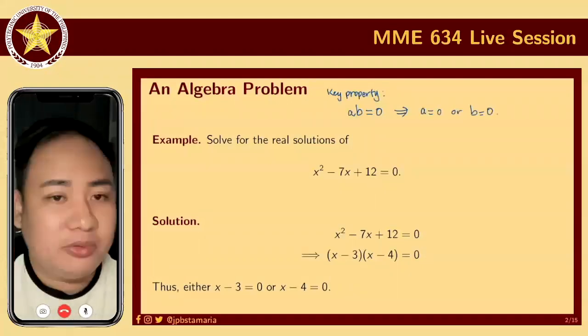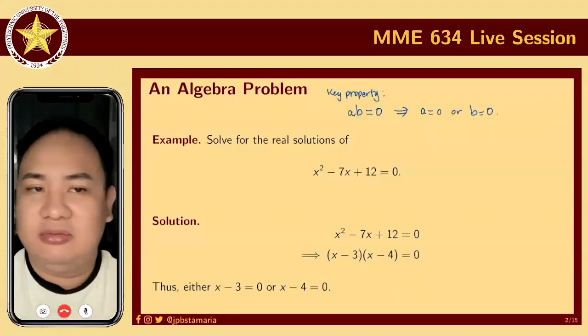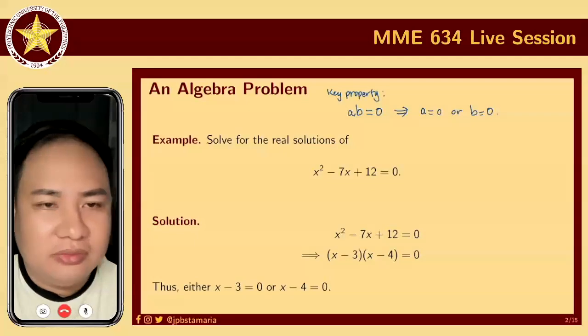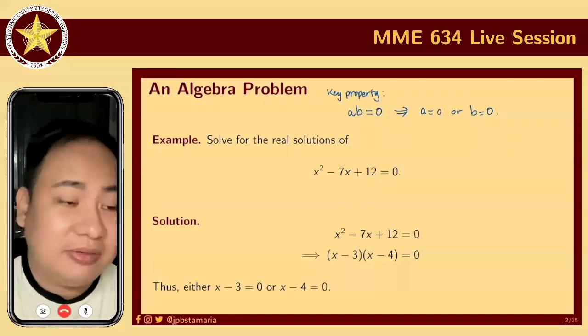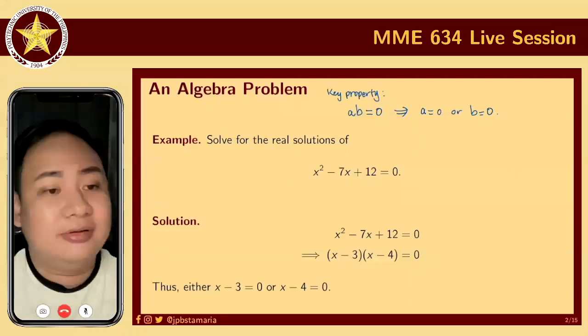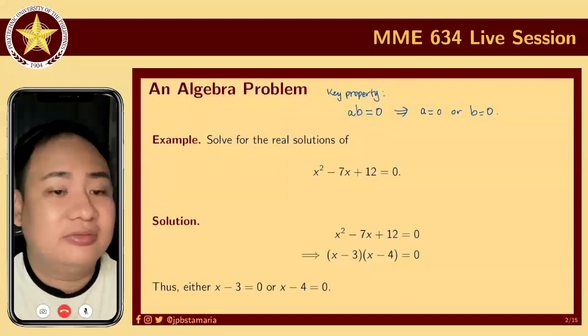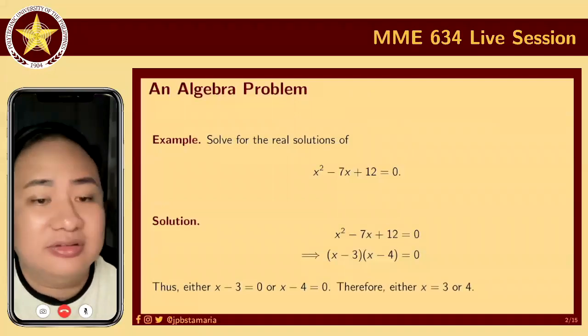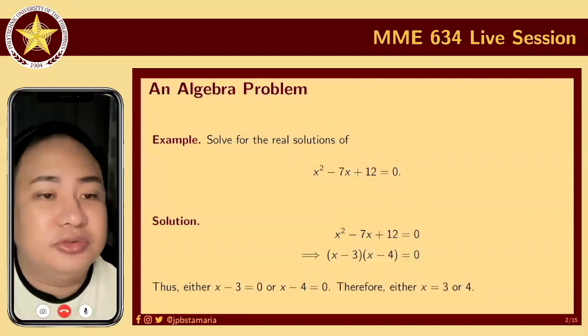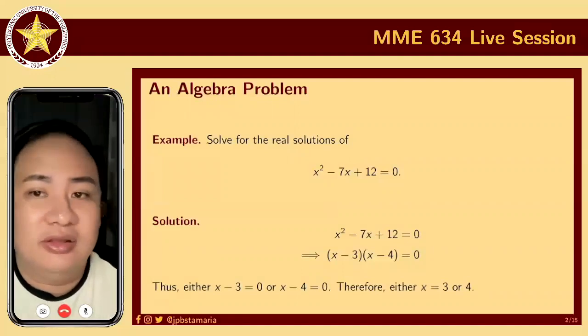Hindi pwedeng none of A and B are 0 pero yung product naging 0. Hindi mangyayari yun sa normal na number system, right? So, either x minus 3 is 0 or x minus 4 is 0. That's why we can conclude that either x is 3 or 4. And therefore, we have two solutions for this given equation.